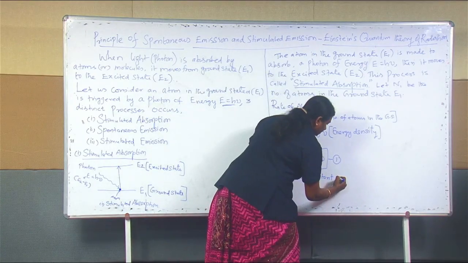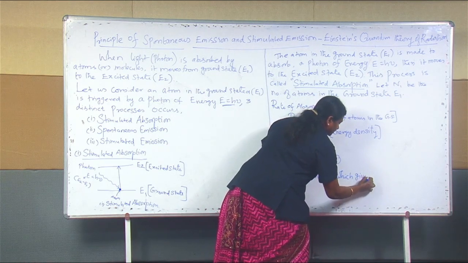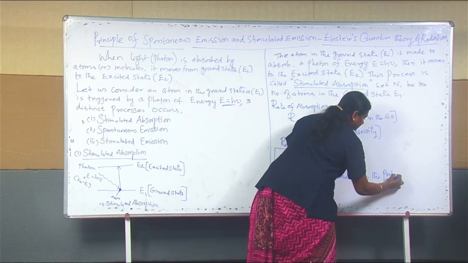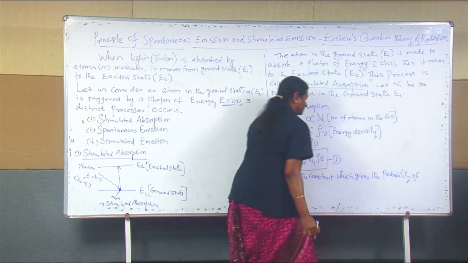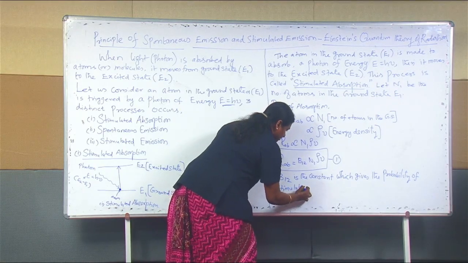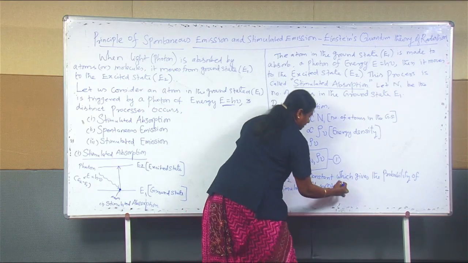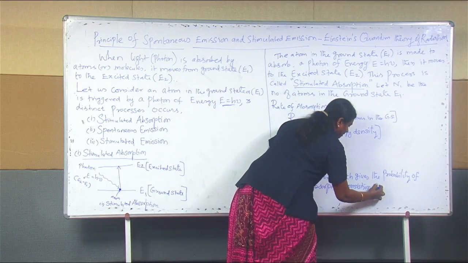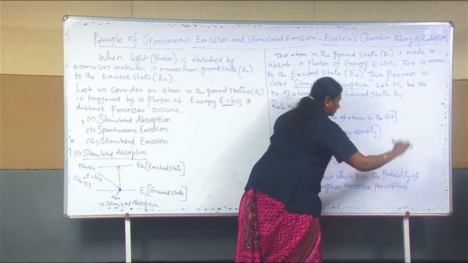B12 is the constant which gives the probability of stimulated absorption transition per unit time. Okay, per unit time.